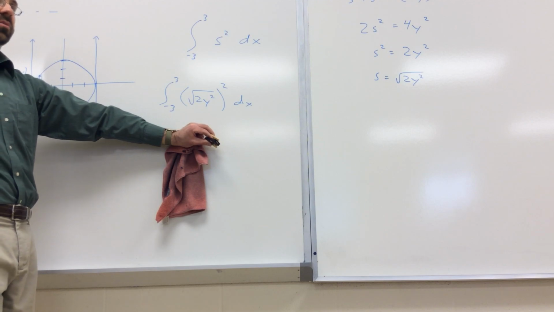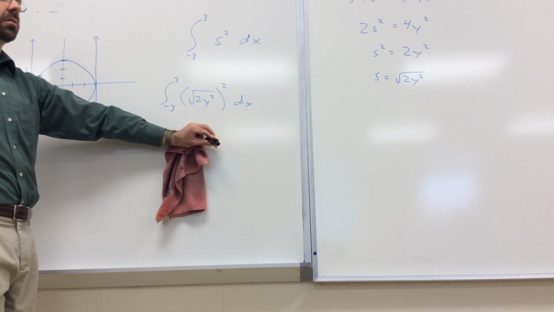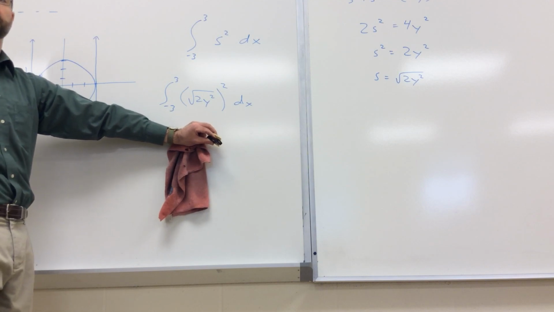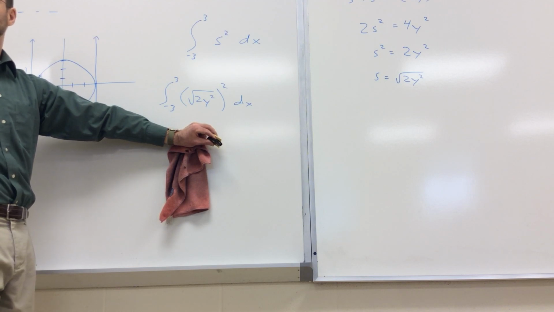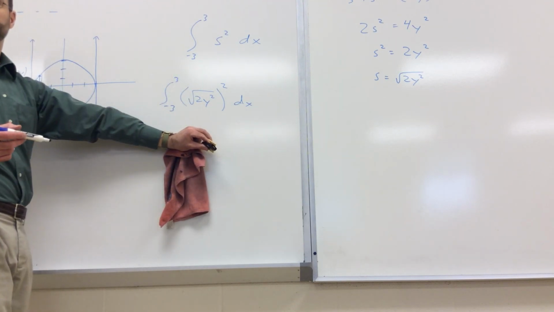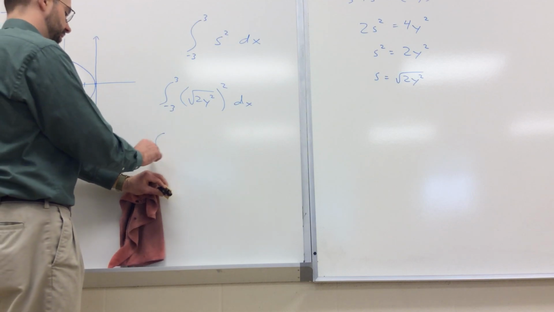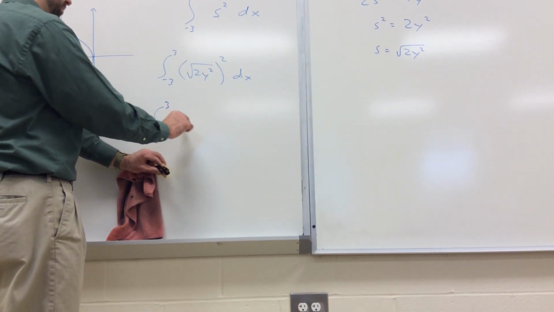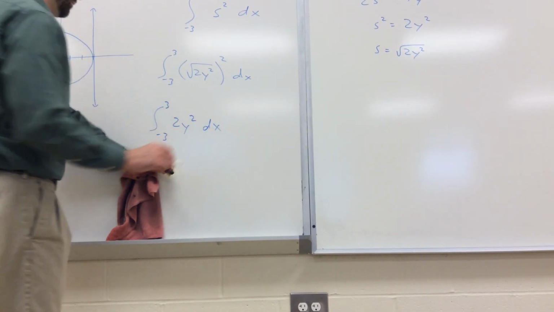It's one side times the other. Yeah. Good. Is everybody doing okay? So that's kind of nice. Then the square root and the square cancel out, right? So I've got the integral from -3 to 3 of 2y squared dx.